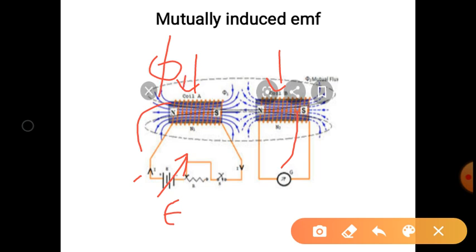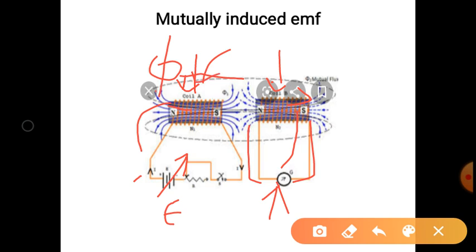Whatever amount of flux is created in coil A will be linked to coil B. So the EMF will be induced in coil B, which is shown by the galvanometer. So mutually induced EMF is nothing but the EMF induced in a coil due to a change in flux in the neighboring coil.